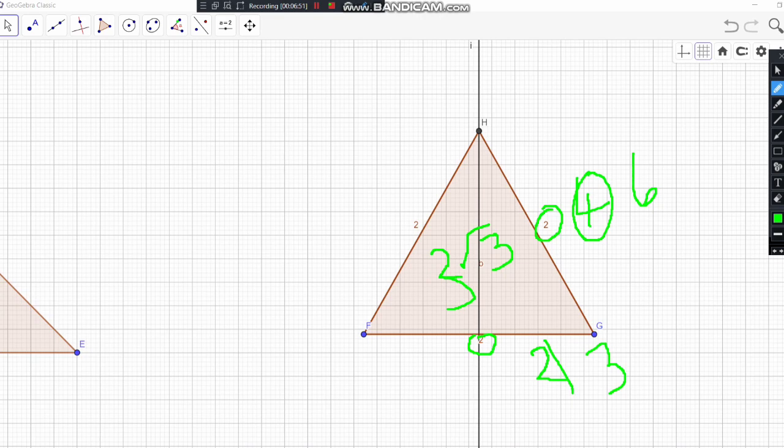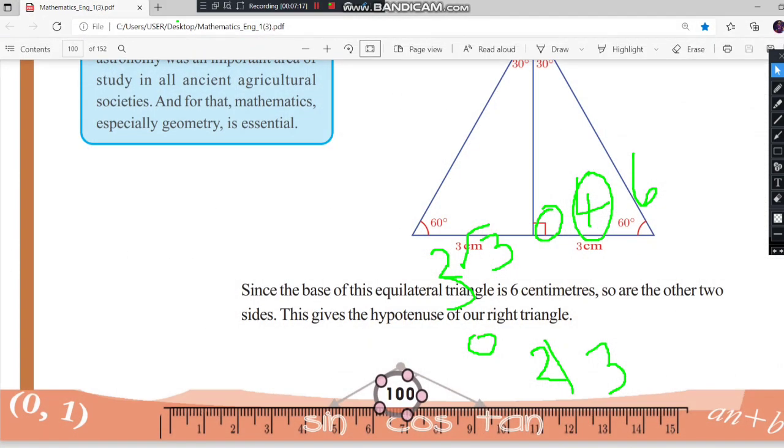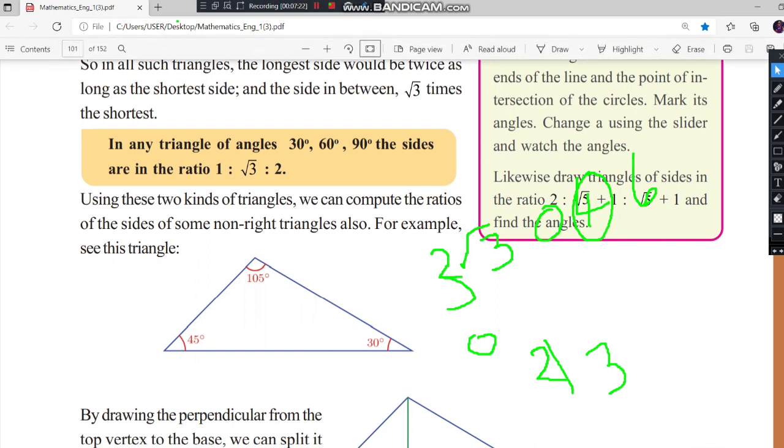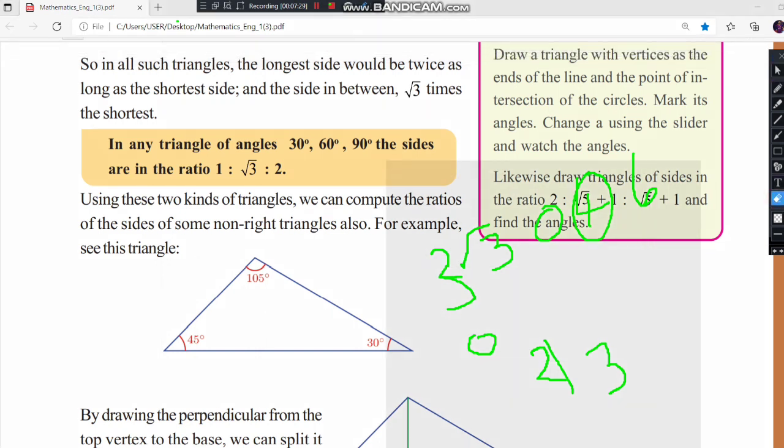So this is also another result. If a triangle has the angles 30, 60, 90, then its sides are in the ratio 1 is to root 3 is to 2.